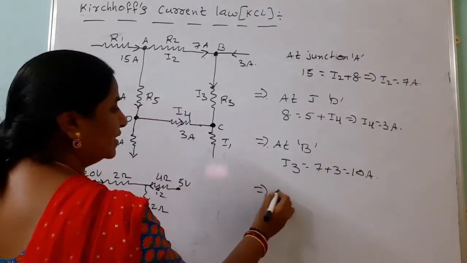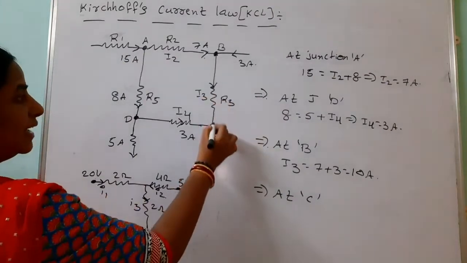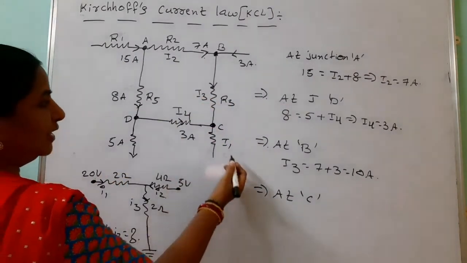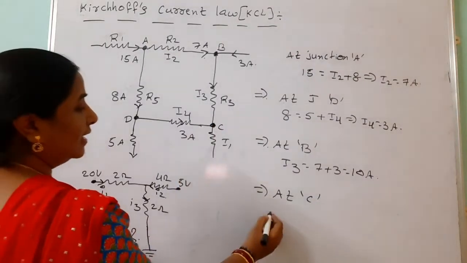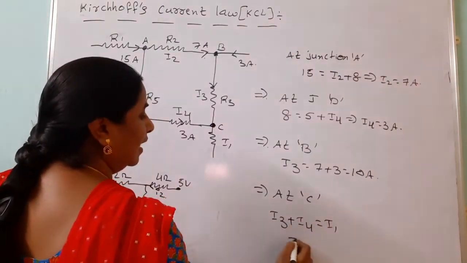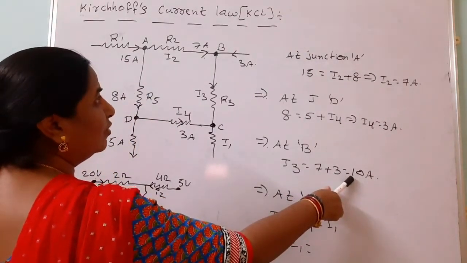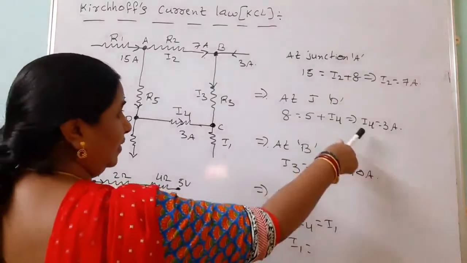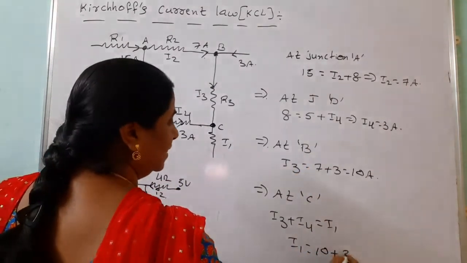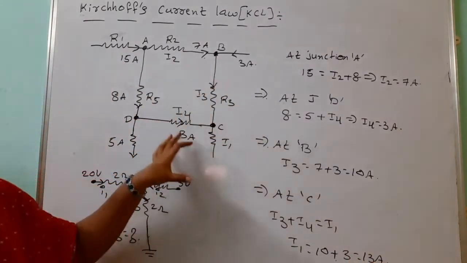Like that at junction C, two incoming currents are there, one is I3 and another is I4. Then we can find I1. Clearly I3 plus I4 equals I1. We already know I3 is 10 amperes and I4 is 3 amperes. 10 plus 3 is 13 amperes. Like that we can solve this type of problem.